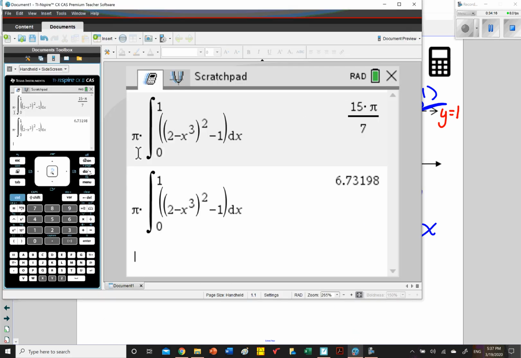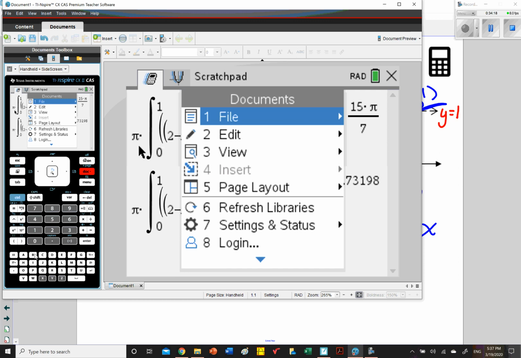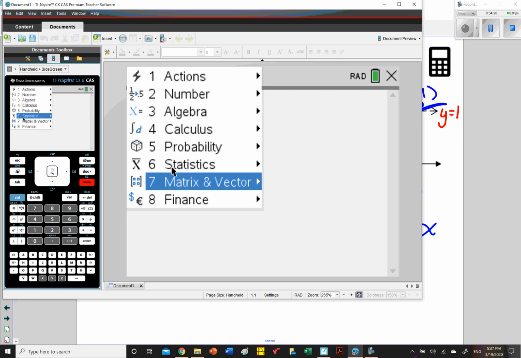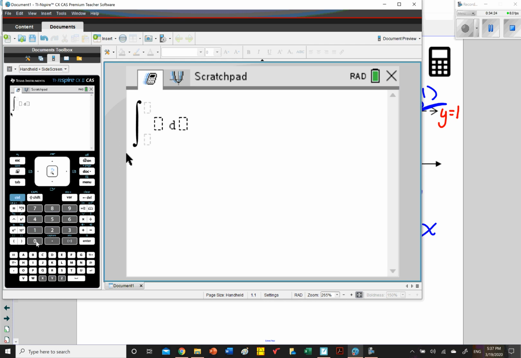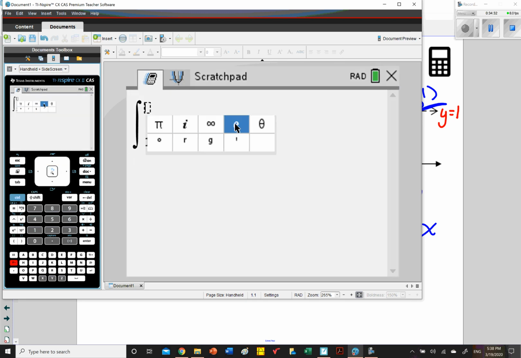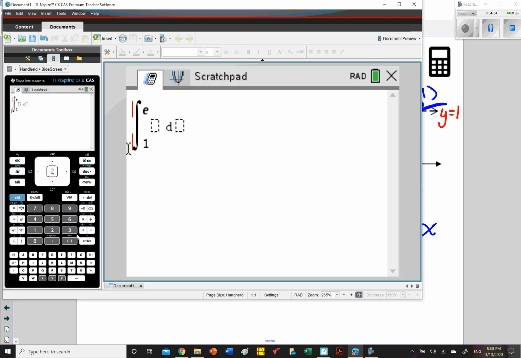So clear that out. Menu, calculus, integral from 1 to e. Need a pi out here.